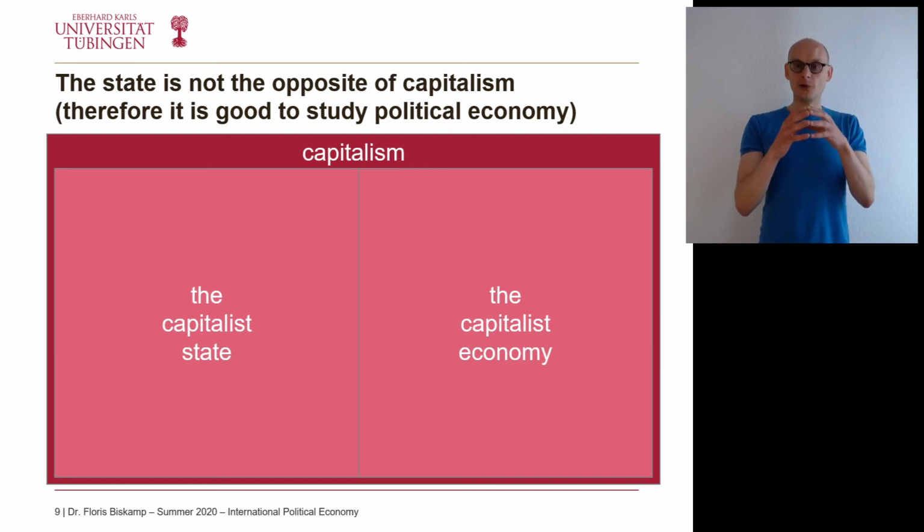And so first the state that guarded the property had to evolve, and then the welfare state had to evolve, because otherwise people would probably not be willing or able to live with capitalism. So in capitalism, you have to think of the economy and the state as complements and not simply as opposites.